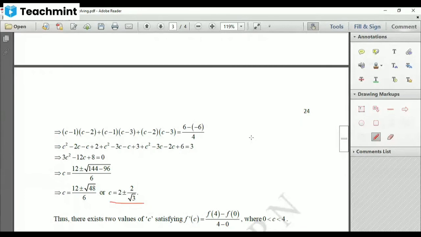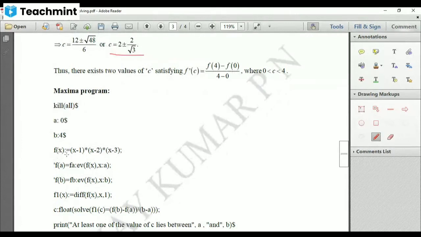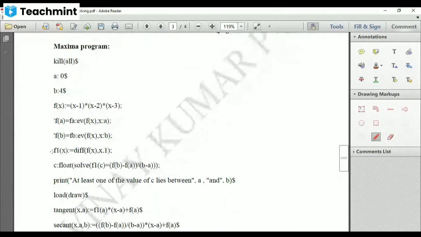Let us see the Maxima program. Kill all. a is 0, b is 4. So a colon 0, b colon 4. And your function f of x colon with equal sign (x minus 1) into (x minus 2) into (x minus 3). Put a semicolon. Display the fa value and fb value. Find the derivative f1 of x colon with equal sign differentiation of f of x comma x one time.